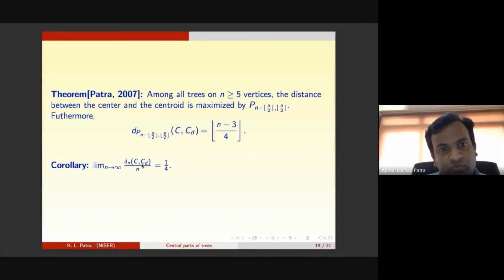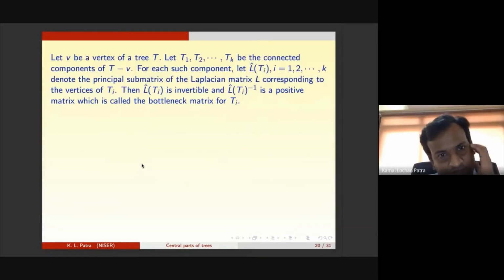What they studied is this: let v be a vertex of a tree T, and let T1 to Tk be the connected components of T minus v. For each such component, let L hat Ti be the principal submatrix of the Laplacian matrix L corresponding to the component Ti.